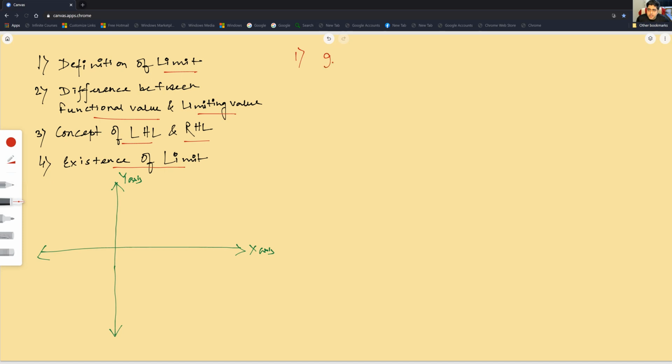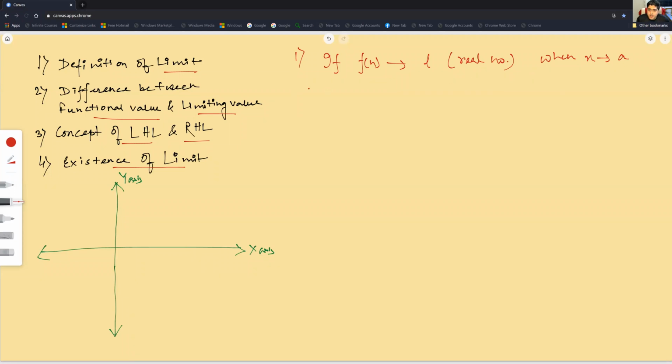If any function f of x approaches a real number L, we can say that this is the real value L when the independent variable x also approaches a point or value that is A, right?